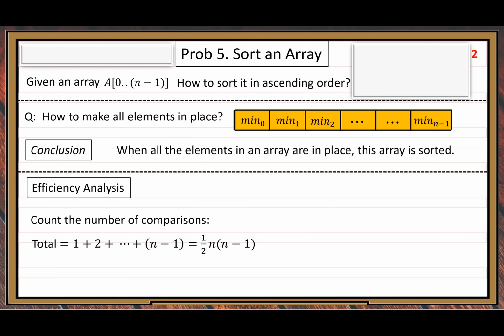Same, yeah, that's the answer. Even in ascending or descending order, you need to compare with everyone. When you find the minimum, can you ignore any of them? Although the first one may be the minimum, if you do not check all the remaining elements, how do you know some element at a later position could not be smaller?